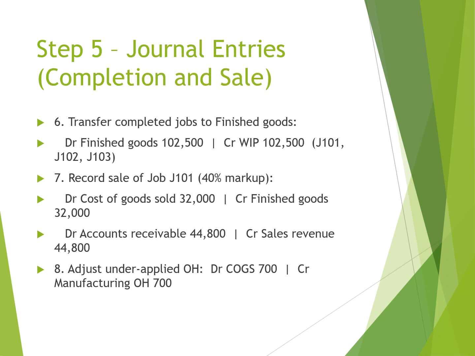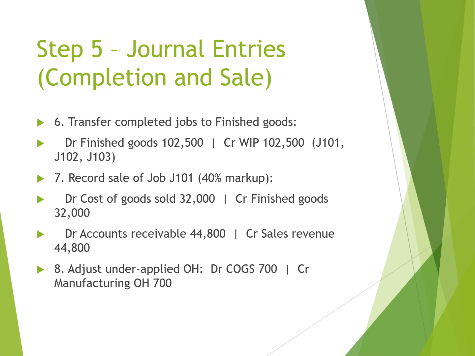Once jobs are completed, we move their cost out of work in process and into finished goods. Jobs J101, J102, J103 are all completed this month, and their total cost is the COGM amount of $102,500. So we debit finished goods and credit work in process for that amount.